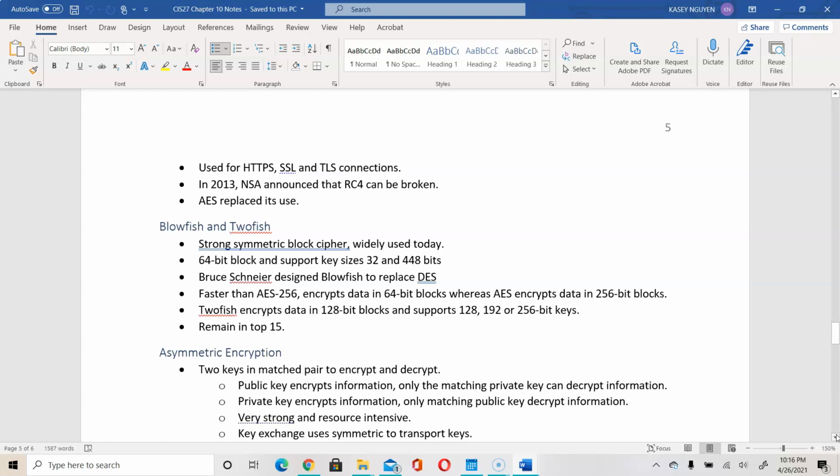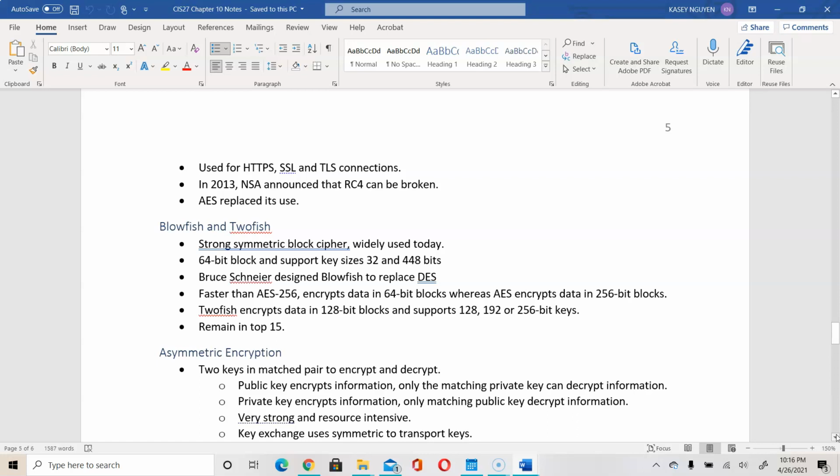Blowfish was invented by Bruce Schneier, designed to replace DES. It is faster than AES 256-bit. It encrypts data in 64-bit blocks, whereas AES encrypts data in larger blocks. So the block size for AES is larger.